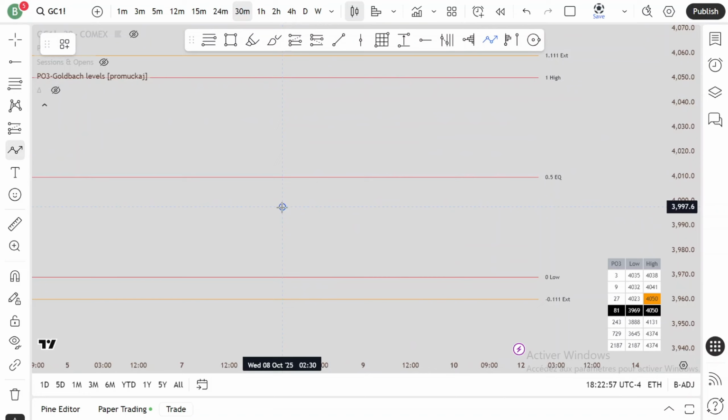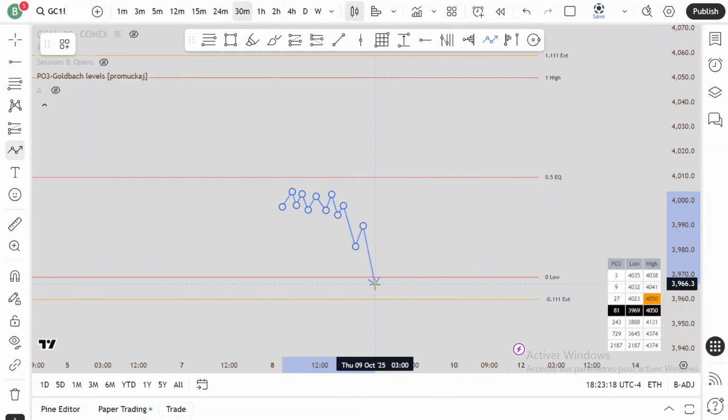So let's say we have engineered liquidity here, original consolidation. I don't remember the exact term. Then a smart money reversal on the low itself. Now we have our smart money reversal here.